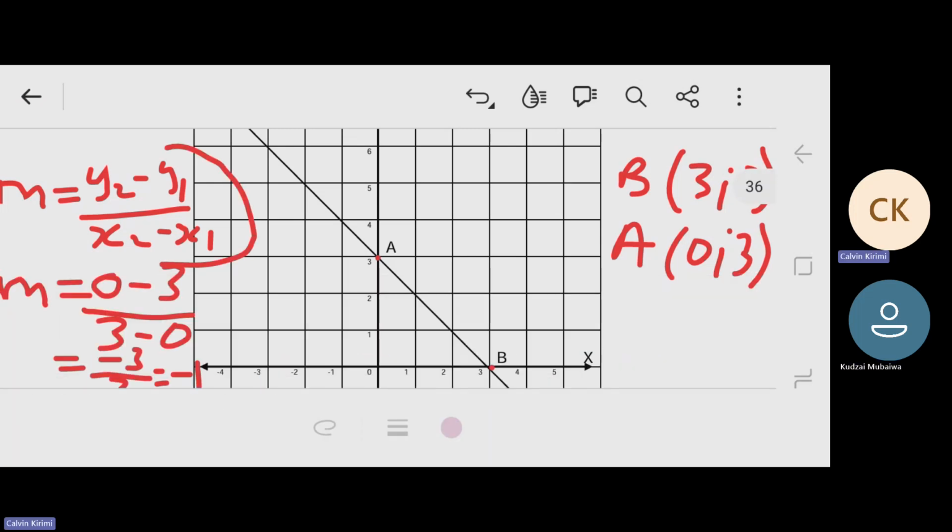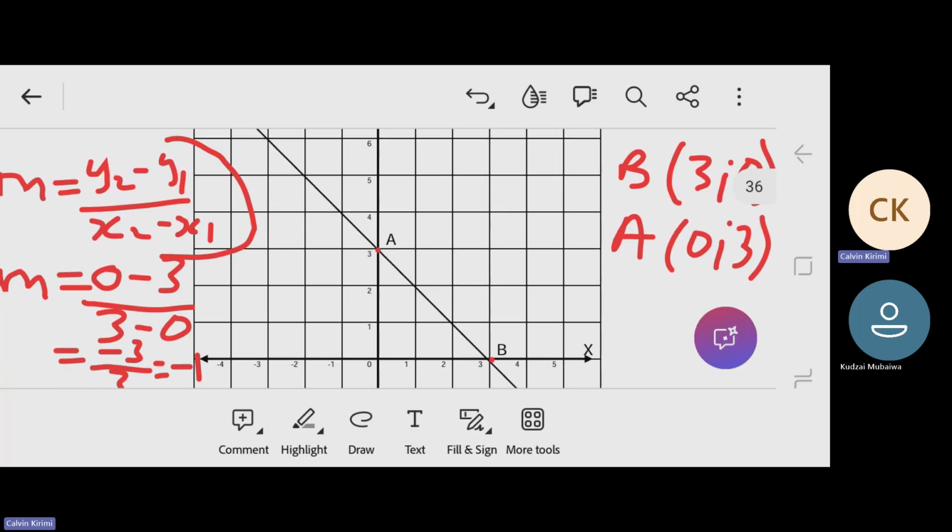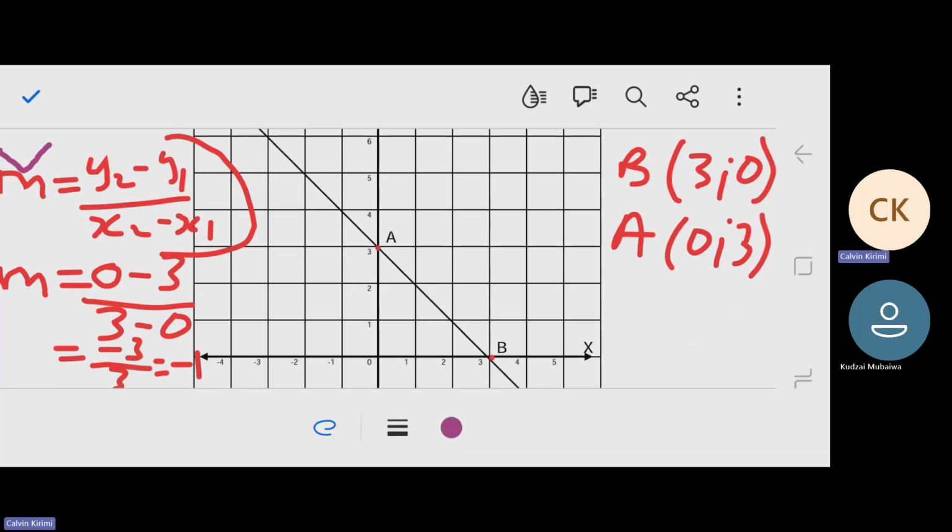You are going to put the value of m, which you know, -1. But these values of y2 and x2, you leave them as variables. Then the values for y1 and x1, that's where you put numbers.